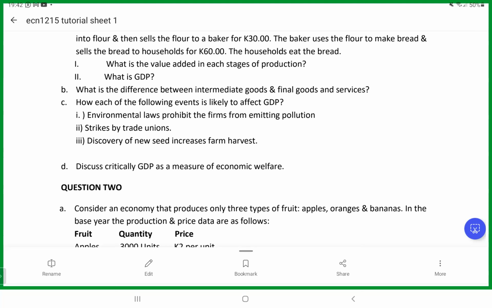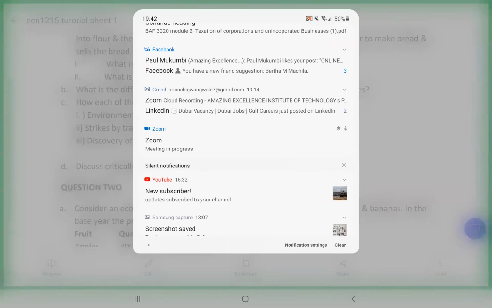Come again. If there is a discovery of a new seed that increases farm harvest, how does that affect GDP?